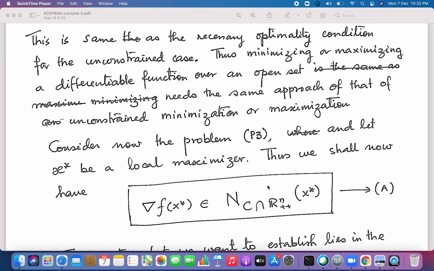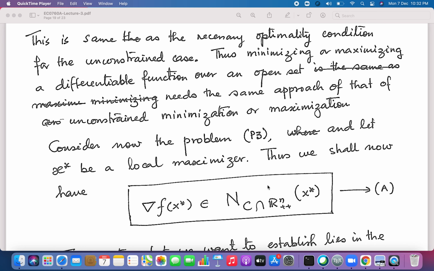If you see the proof, nowhere the closedness of C had been an issue. Because what we proved is that the gradient of f(x star) times (x minus x star) is greater than or equal to 0 for all x in C. So negative of the gradient by this definition that we have defined is an element of the normal cone. So the closedness issue was not a very big issue.